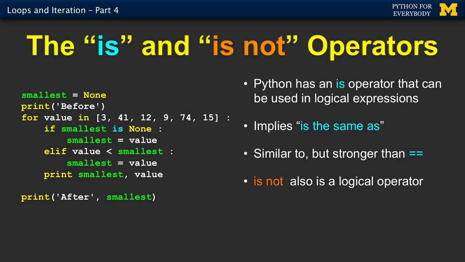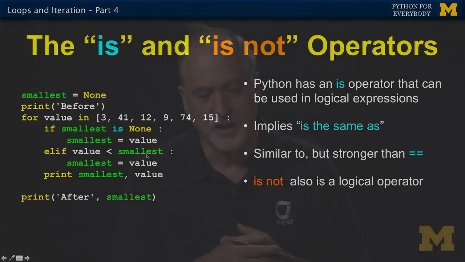Okay, so the is and is not operators, they're both operators. They're like less than or equal to or not equal to. They don't hurt their operands, and they return you a true or a false. Okay, so is and is not are also logical operators. And there are other times we use it. You shouldn't use is when you should be using double equals.